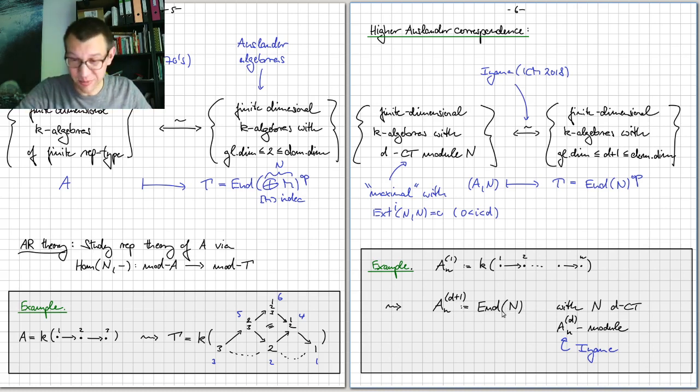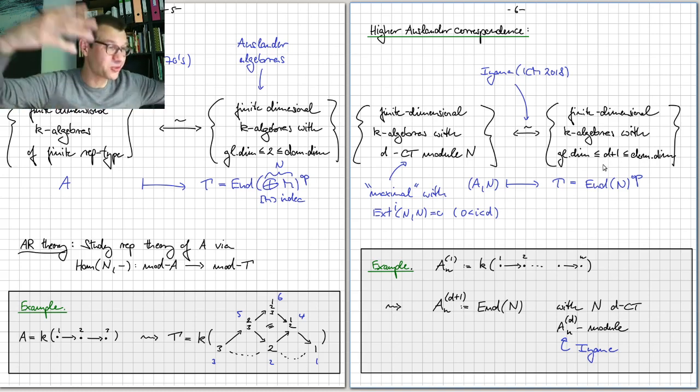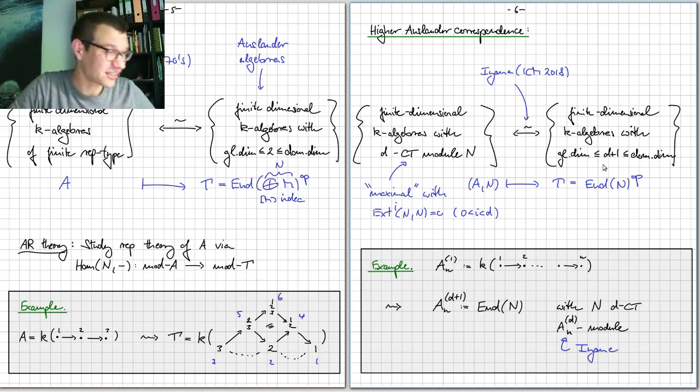I can again take endomorphisms of this guy, and I get some higher dimensional versions of the A_n quiver, which for a fixed d will have homological dimension d as opposed to homological dimension 1. So in the interesting situation, this global dimension or dominant dimension will always equal d plus 1. And therefore, what we produce is certain examples of homologically higher dimensional algebras, which are interesting.